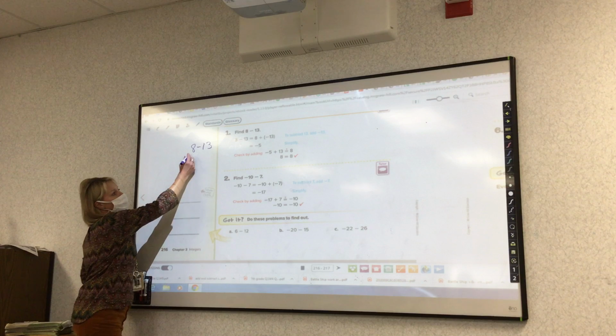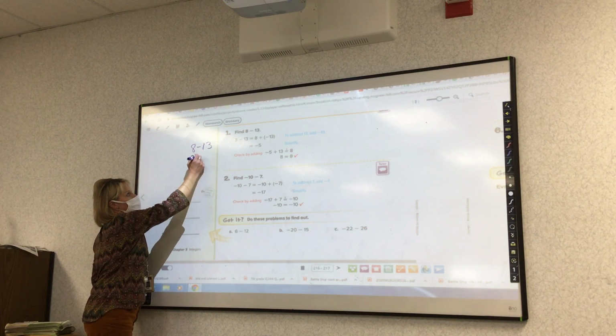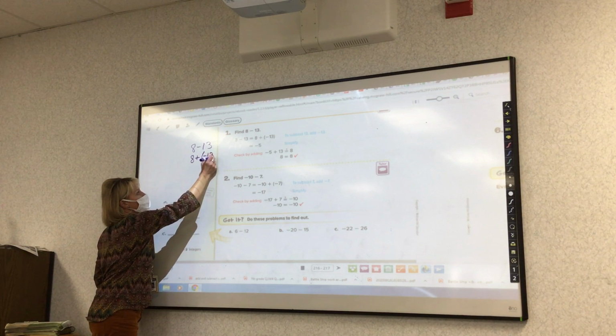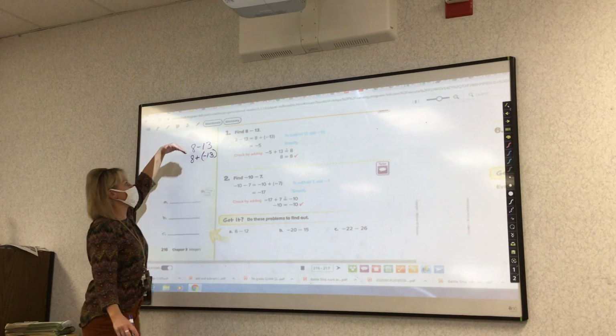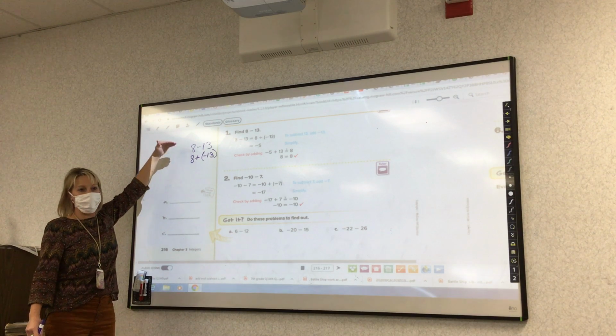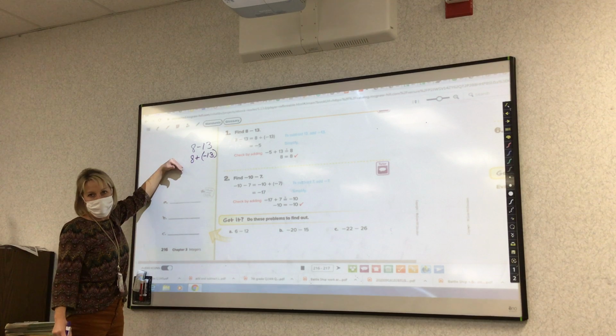So then we're going to say keep the 8, change the subtraction to addition, change the positive to a negative. So instead of writing it off to the side, we're just going boom, right down underneath of it. So we started with our subtraction problem. We created an addition problem.